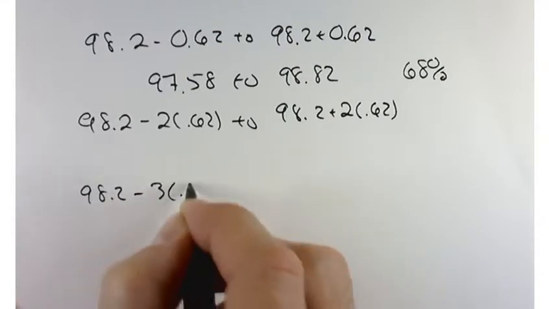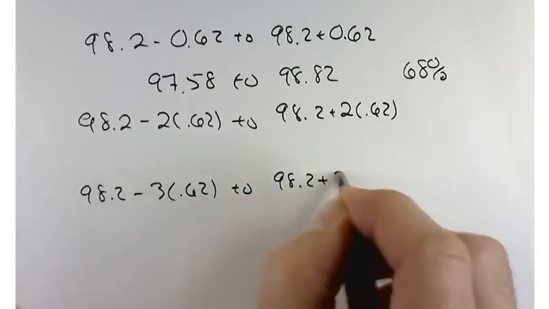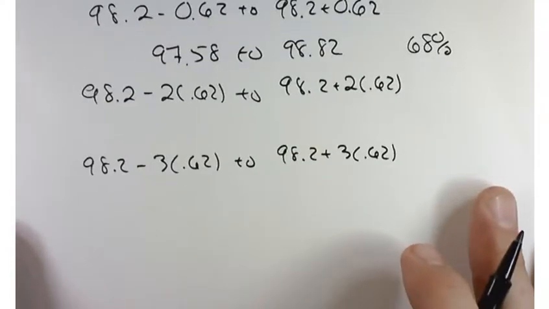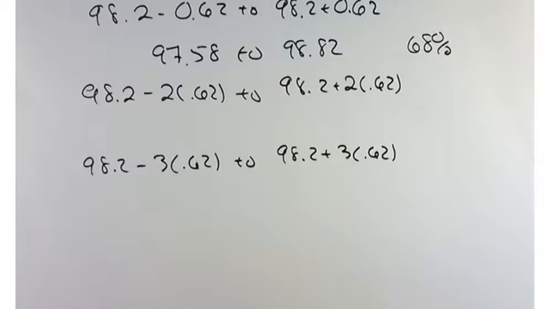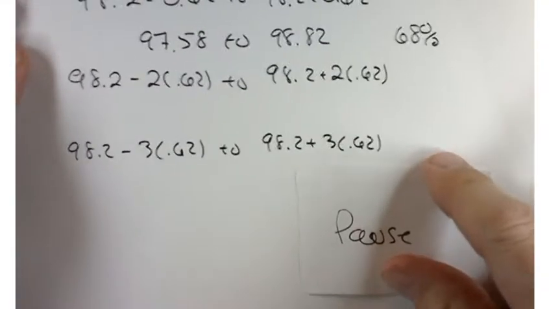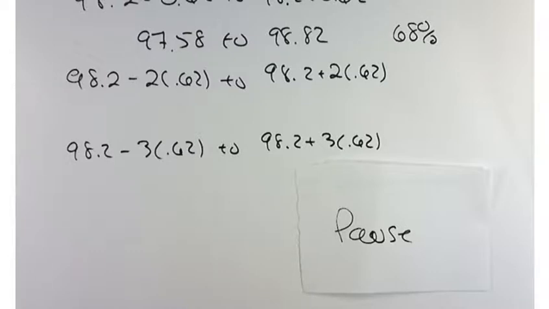And then hopefully people can give me some numbers. So I'll pause it for you guys. So this is my manual pause. When you find the ranges, also label the percentage of data that you should expect to be there.